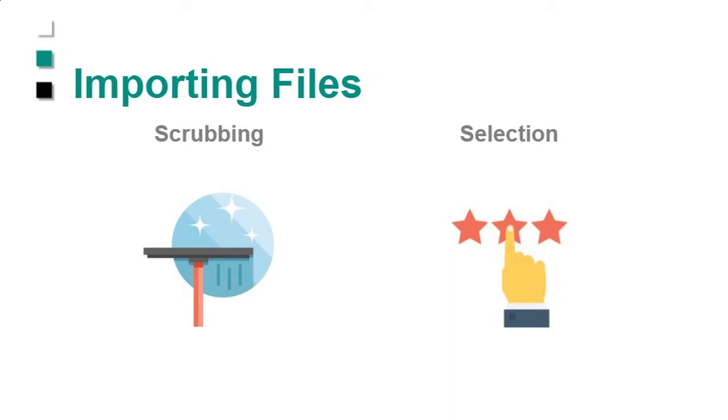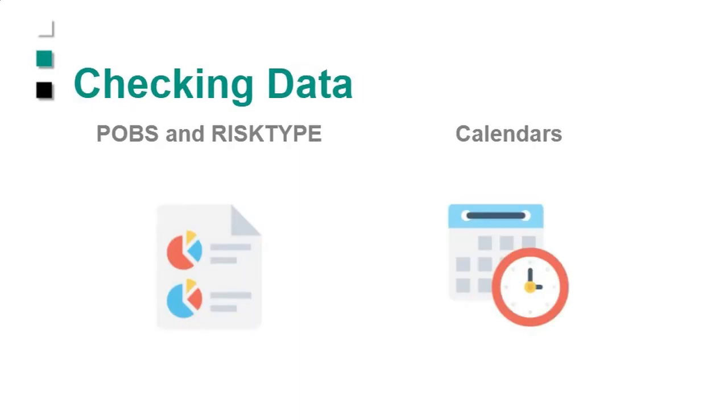And then in the definitions, we've got a variety of things that it's going to do. So it's going to take care of the POBS and the risk types that have been stragglers over the latest versions. I think Oracle's finally got a handle on that, so I think that's becoming less of a problem. But depending on who you're interacting with, you still could have some of those stragglers coming at you.